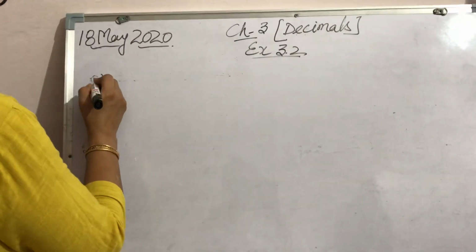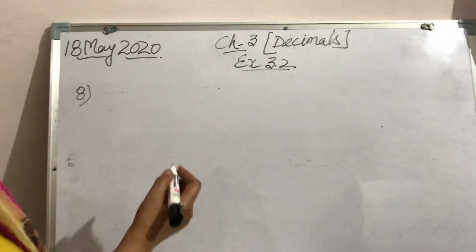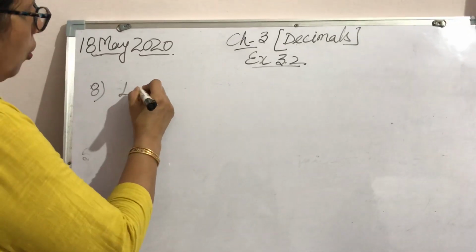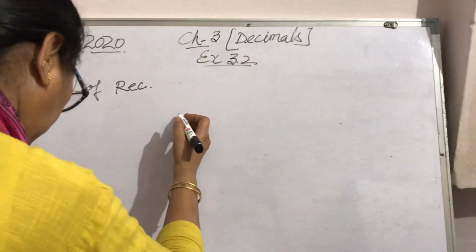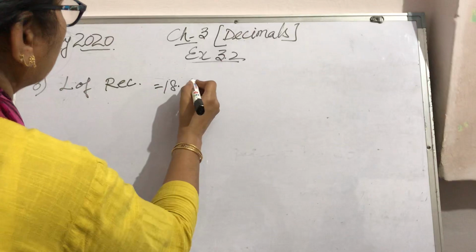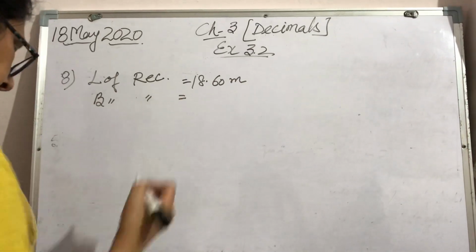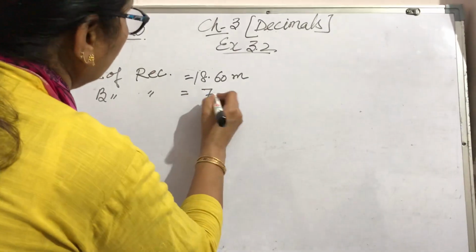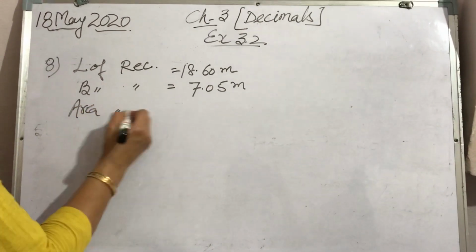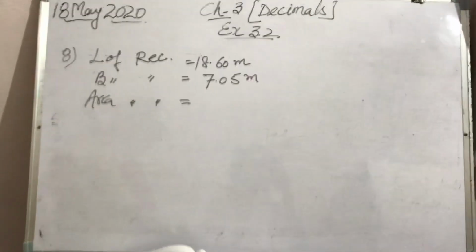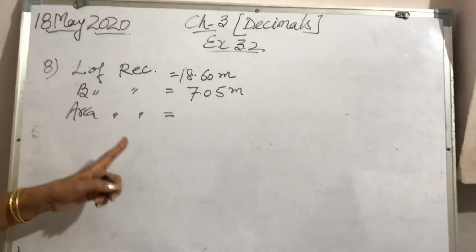Again we have to find the area of a rectangle. The length of the rectangle is given as 18.60 meters, and the breadth of the rectangle is 7.05 meters. In the previous question we found the area of a square: side into side.